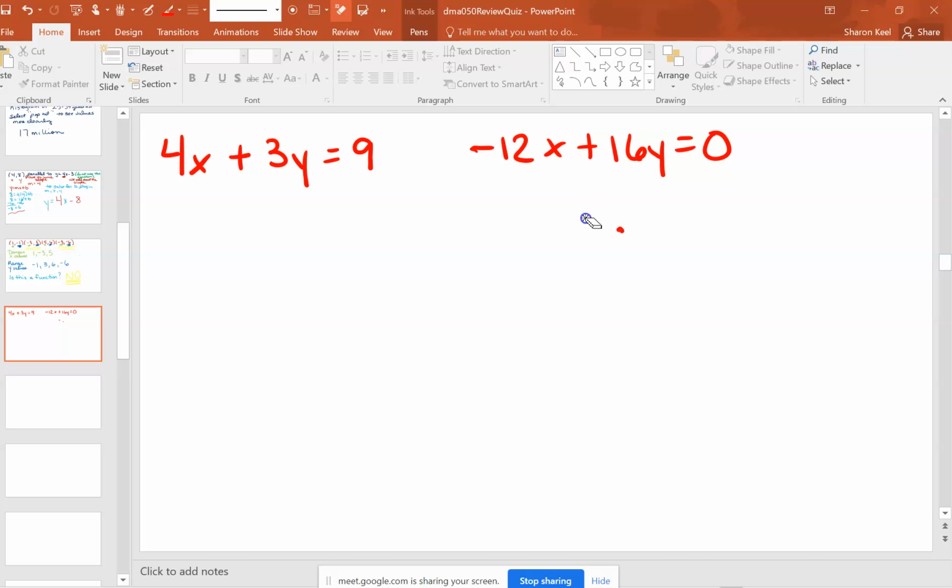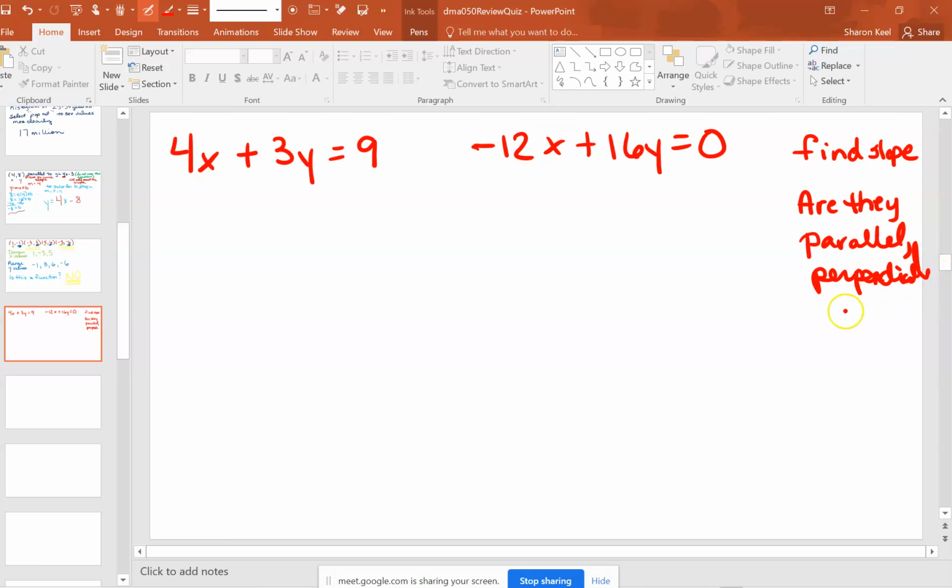They want us to do two things: find the slope, and answer whether the lines are parallel, perpendicular, or neither.